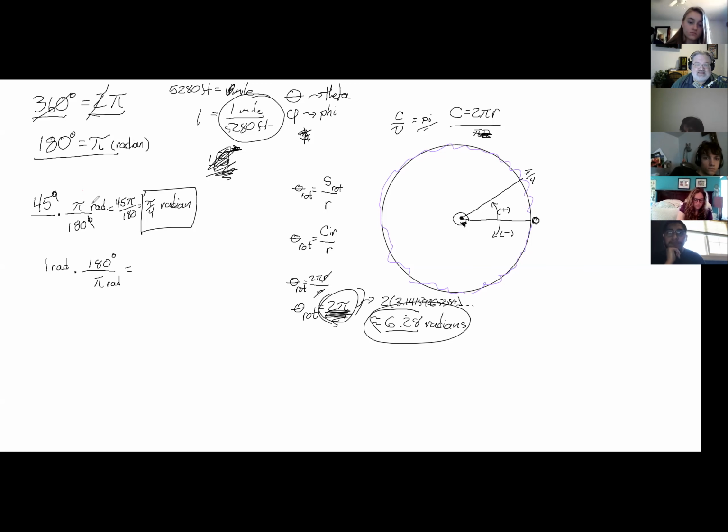The idea that we're trying to get rid of degrees means that degree has to be on the bottom. The fact that we're trying to get rid of radians here means that radians has to be on the bottom. That way, all we have to know is this equivalency, and we don't have to really remember which orientation we use when. Use the units to tell you which orientation it has to be in. You really want to try to memorize as little as possible.